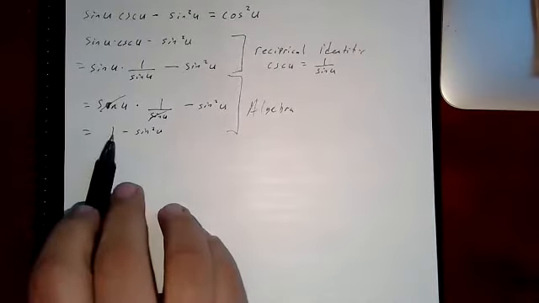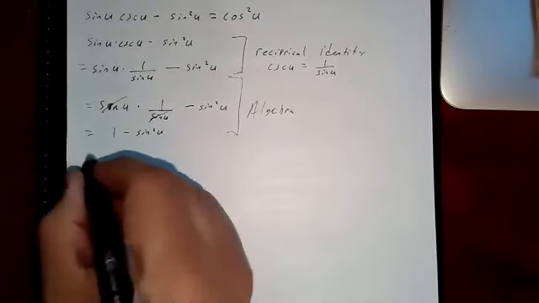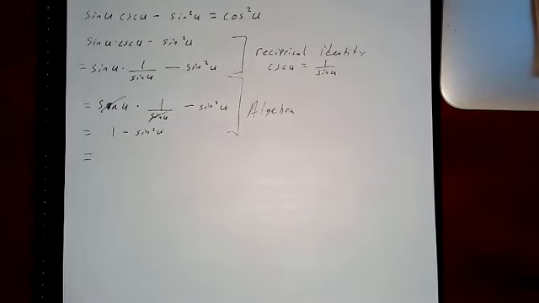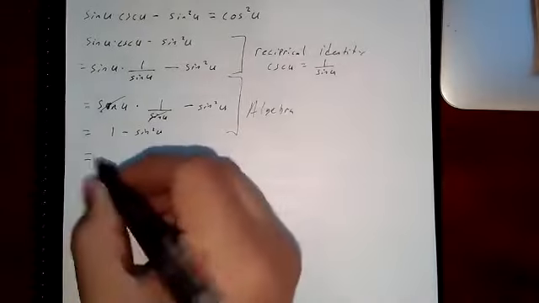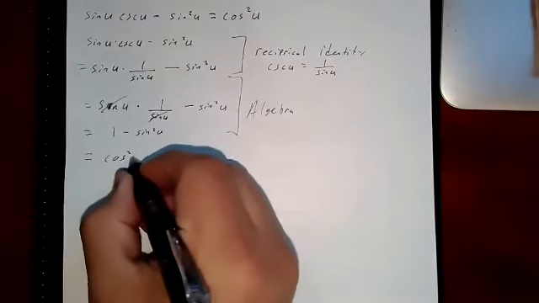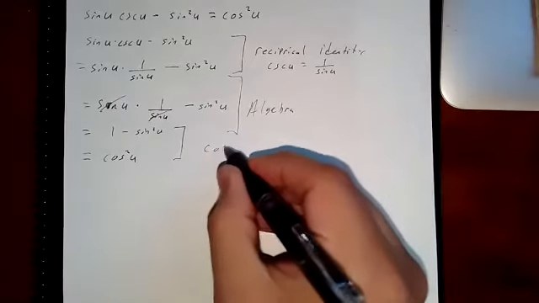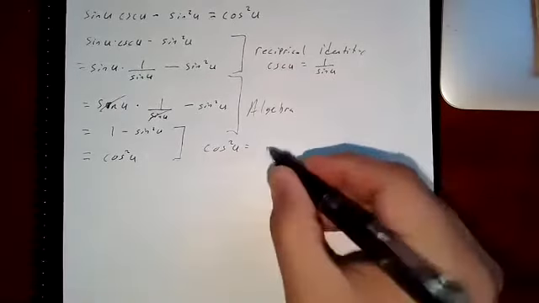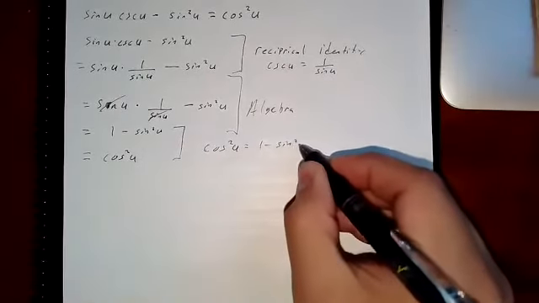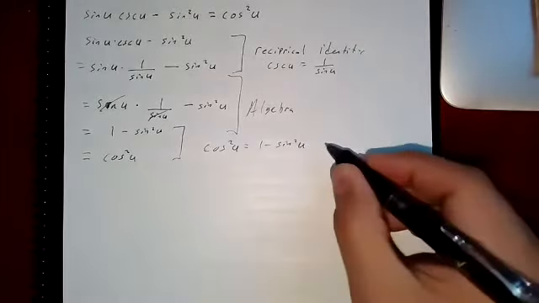Now here, what is 1 minus sine squared? It's one of the Pythagorean identities. Doesn't it equal cosine squared? Yeah, that would be cosine squared. From here to here, we should know that cosine squared u is equal to 1 minus sine squared. Pythagorean.